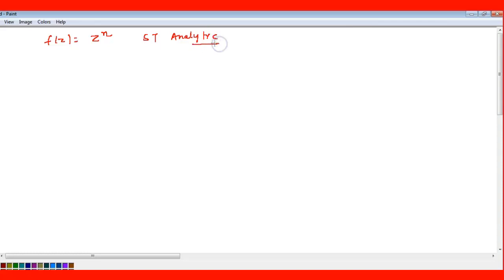So if you do the Cartesian form, f of z is equal to, z you have to substitute x plus iy to the power of n, right? And this one expansion, if you do by the binomial theorem, that nC0 and nC1 and all, we will not get the real part and imaginary part easily, it will become very complex. Because like consider a plus b to the power here given 10. So this expansion is a little tough, you know.